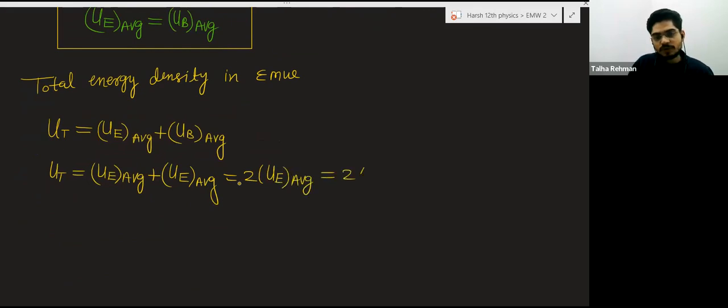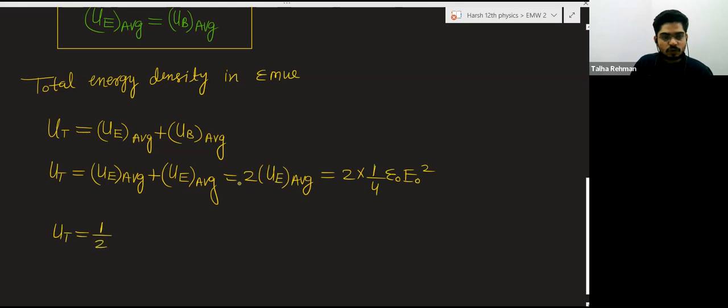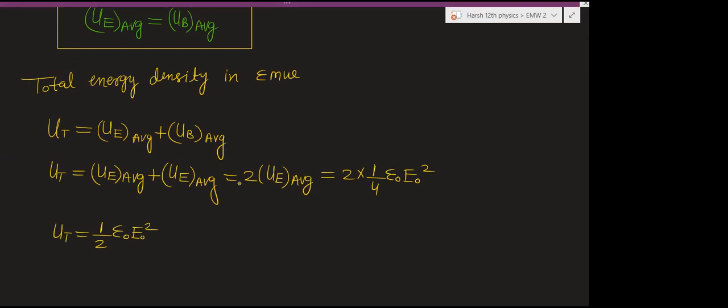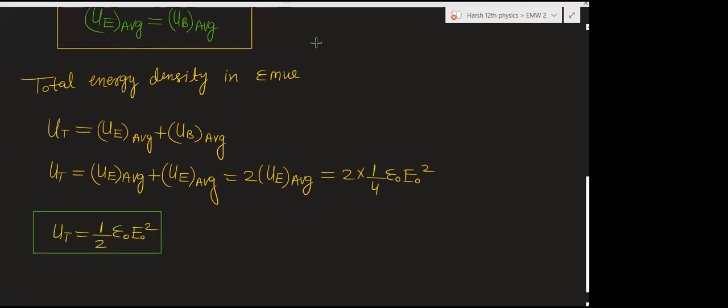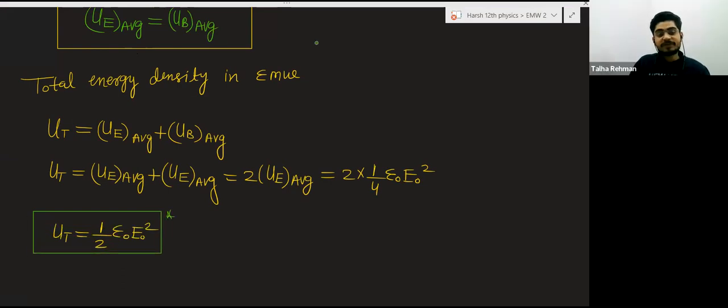And what is the energy density of the electric field? 1 by 4 of epsilon naught into E naught square. So finally, the total energy density of the electromagnetic wave is given by 1 by 2 of epsilon naught into E naught square. This is the total energy of the electromagnetic wave in terms of the electric field.